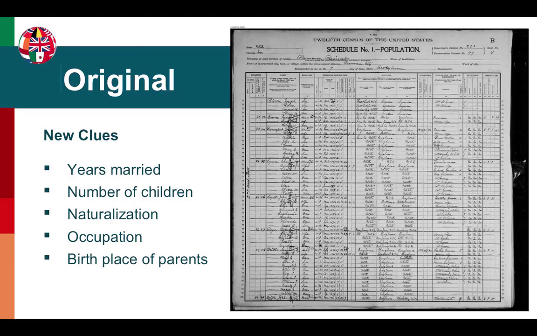It also gives the birthplace of his parents. It may not be really specific, but it can sometimes give you an idea where to look for his birth record or for his parents' marriage, etc. So all of those extra clues come from really looking at and reading the original record.